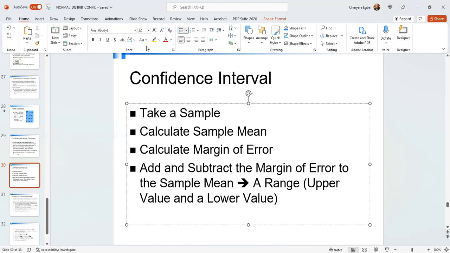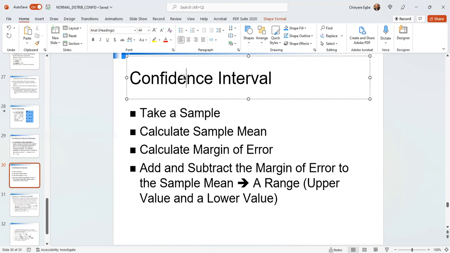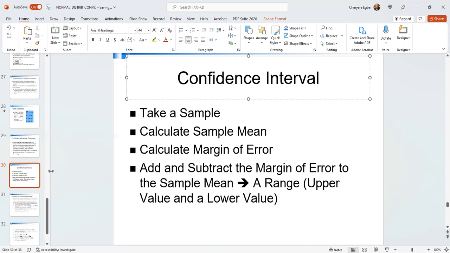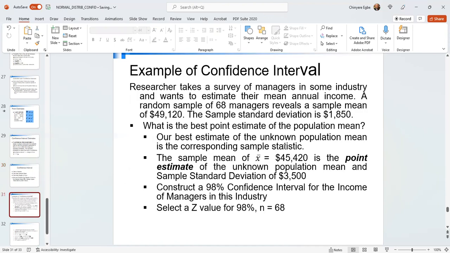It's going to be between 12 and 18. It's going to be between 9 and 14, something like that. So you're going to get an upper value and a lower value. So essentially, this is what a confidence interval does for you. We're going to look at an example of a confidence interval.